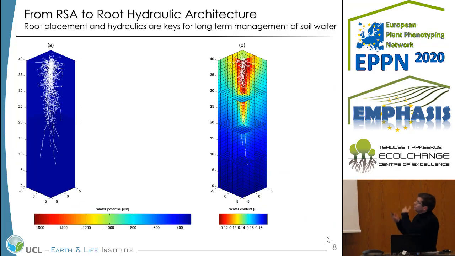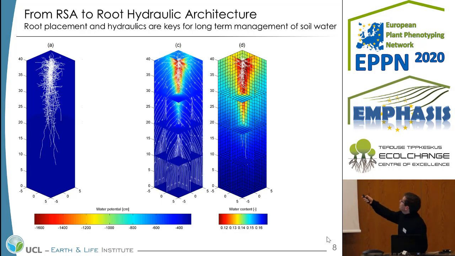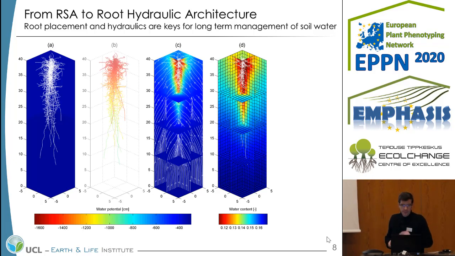So what sort of things come out of this model? We start from root architecture. We also start from a map of soil water content, and the interesting thing is that these two are things that we can get from phenotyping platforms to some extent. Then there is a direct relationship between the soil water content and soil water potential, from which we can infer the flux of water within the soil.